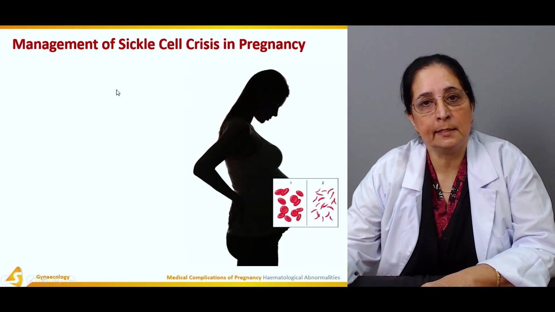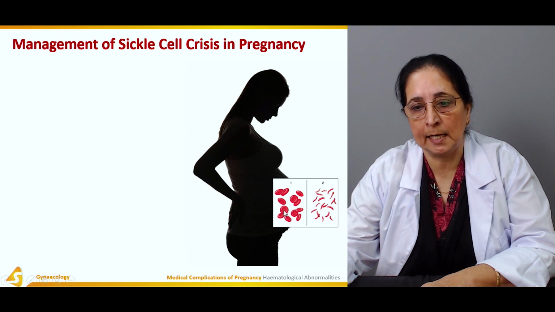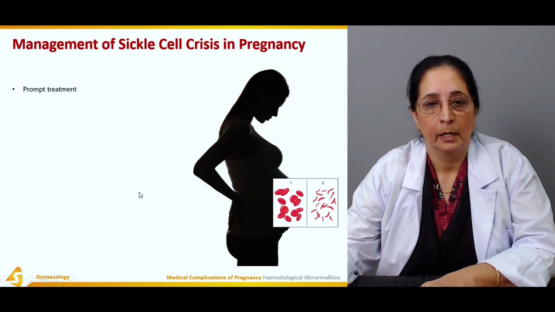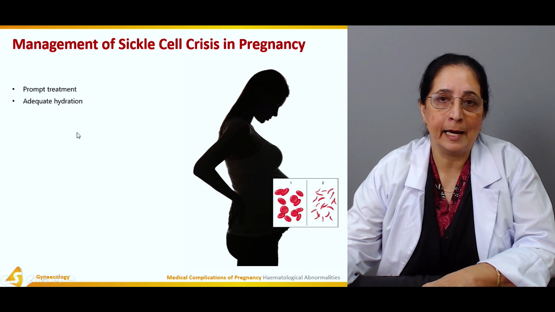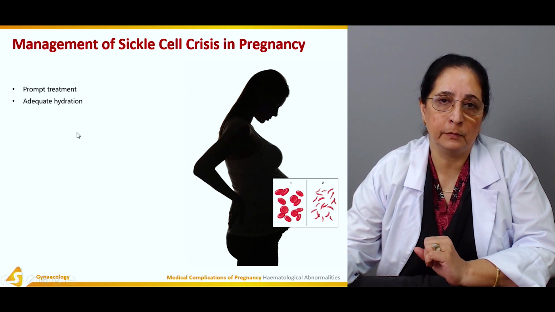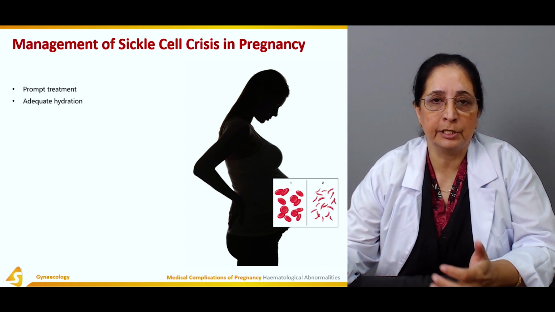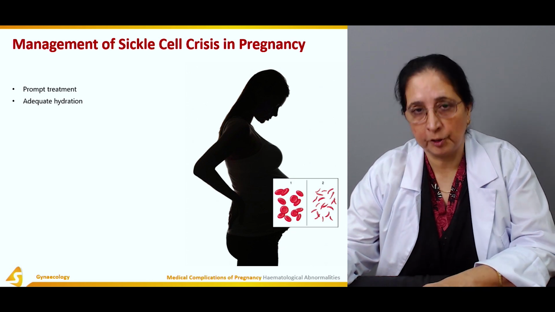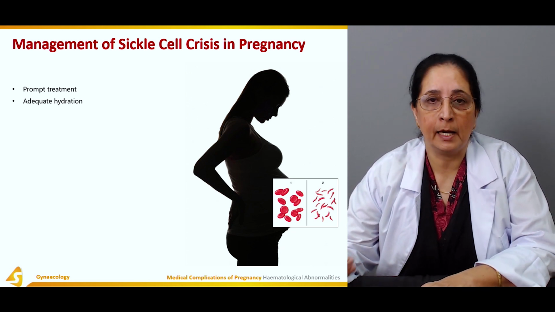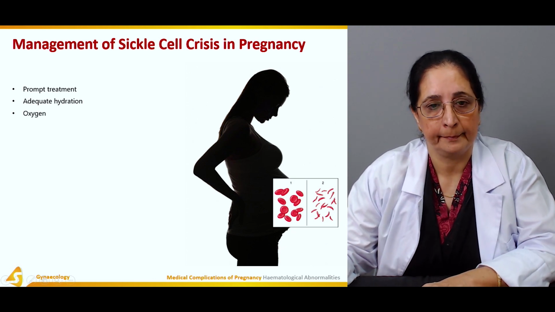Management of sickle cell crisis in pregnancy. These are the shapes of the cells: normal cell and sickle cells. Management is prompt treatment. Adequate hydration is important because of serious hemolysis, or destruction of the red blood cells. Hydration should be enough to prevent these sickle cell crises.